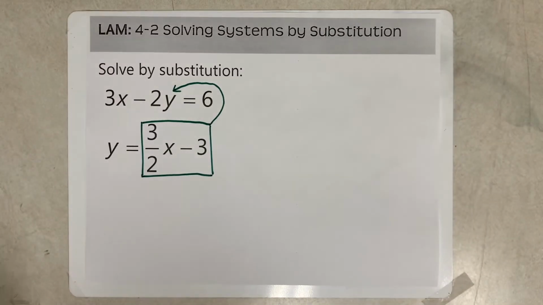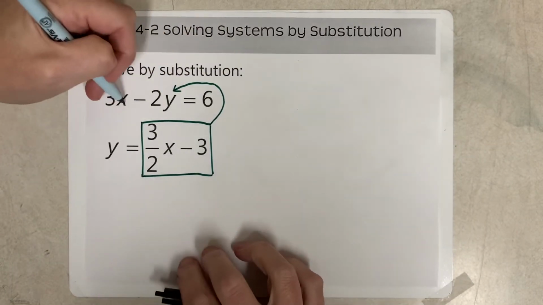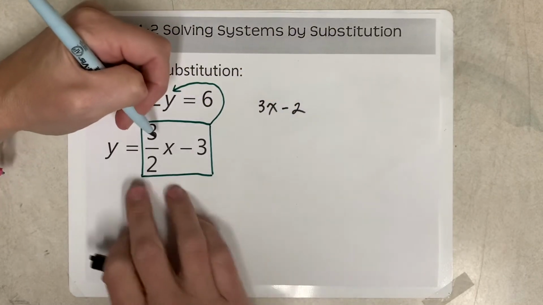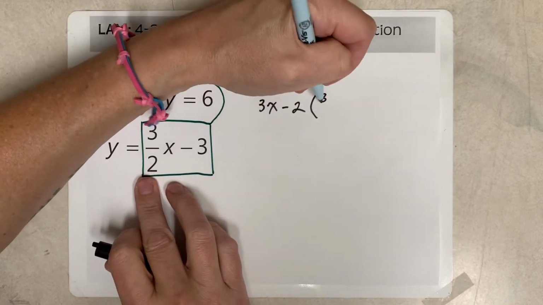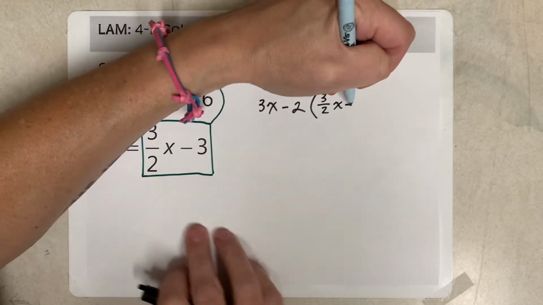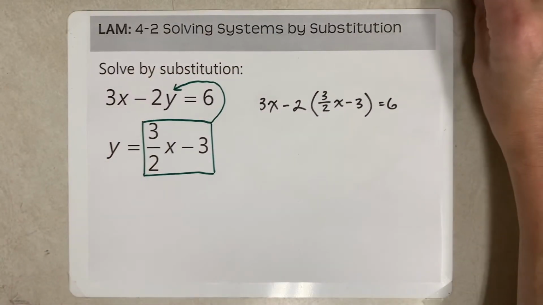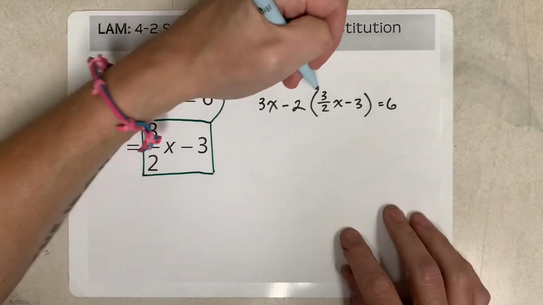Okay, so if we do that, we are now going to get 3x minus 2 times, not y, but 3 over 2x minus 3 equals 6. All right, so we have to distribute, right?